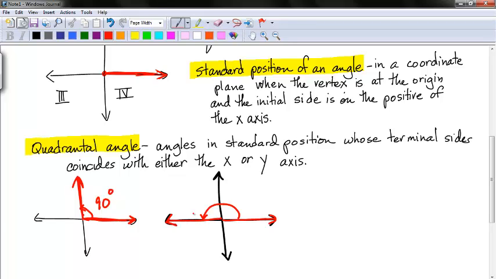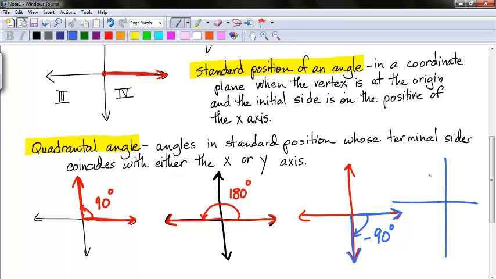So if I rotate positive, I go up, so that'd be 180 degrees. If I start here on the positive side and go down here, that'd be a negative 90 degrees. Say I start on the positive side, and let's say I go all the way around to here. I'm going up, so that'd be a positive 270 degrees.